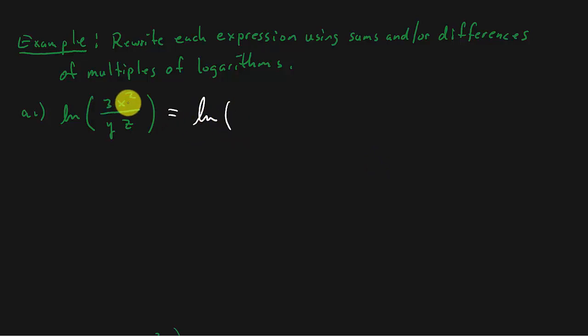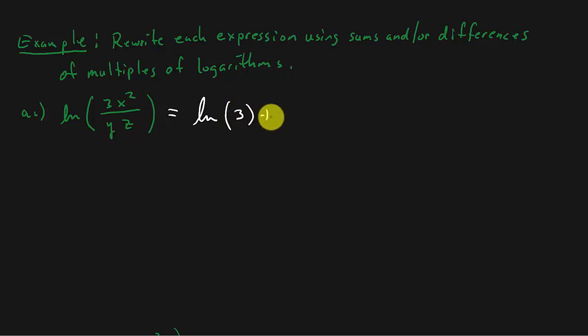The easy way to remember it: if it's multiplied across the numerator, that's going to be split up with addition. Whatever's being multiplied across the denominator is going to have a minus sign in front of it. So everything multiplied across the numerator is going to have an addition sign. Everything multiplied across the denominator is going to have a minus sign.